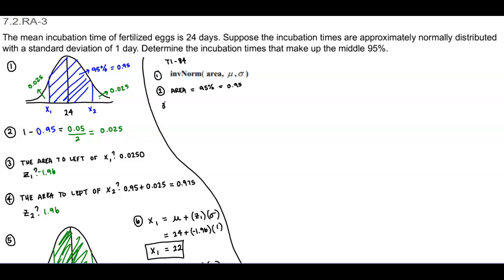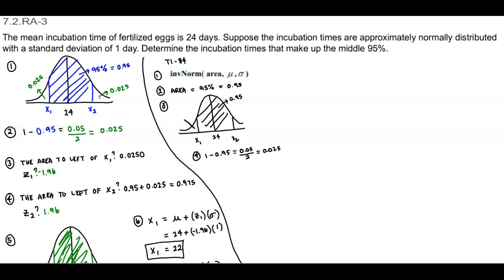Okay, and then again, we know that our drawing represents the following. So we know that this is 24, this is x1, and this is x2, and then we're looking for the middle percent, right? So the middle percent is 0.95. So we would do like we did in step 2. We're going to take 1 and subtract 0.95 to get 0.05. We're going to divide it by 2 to get 0.025.